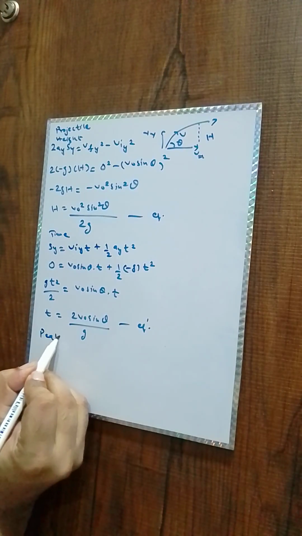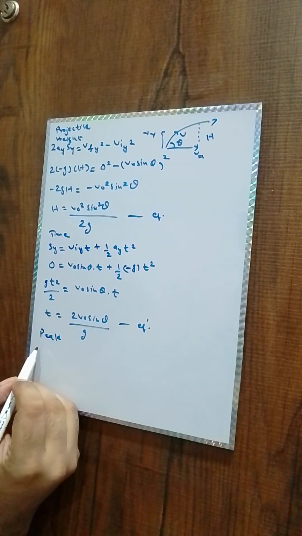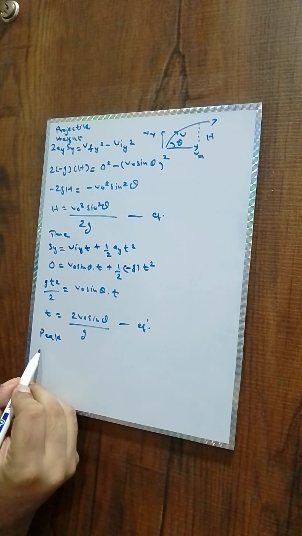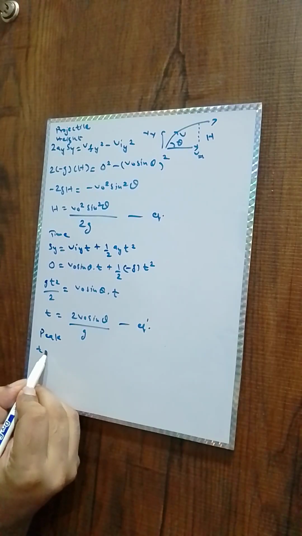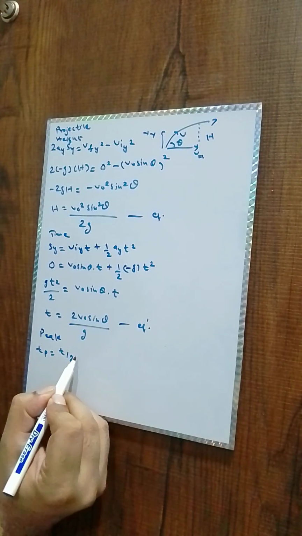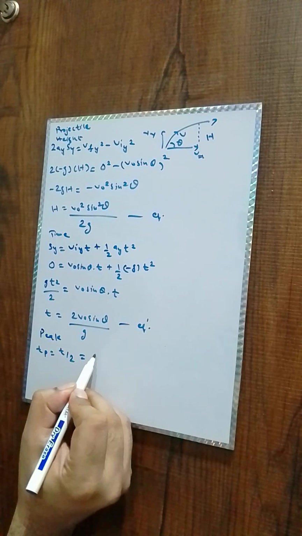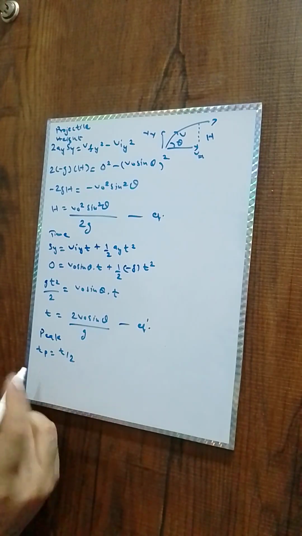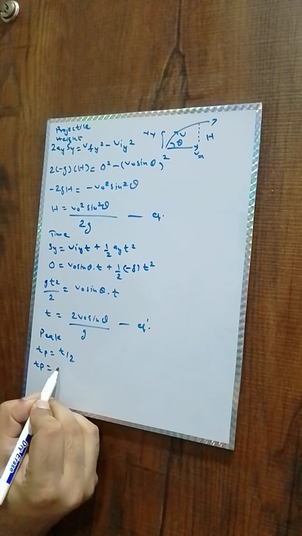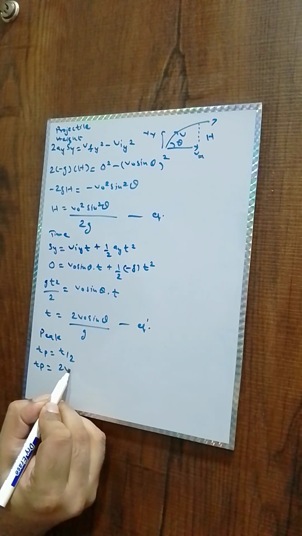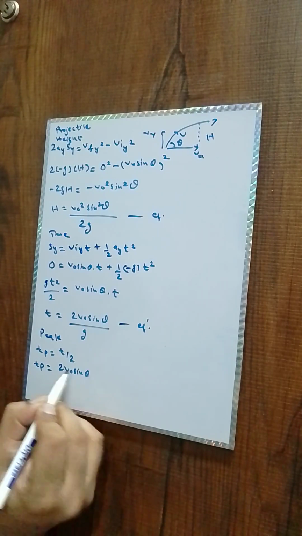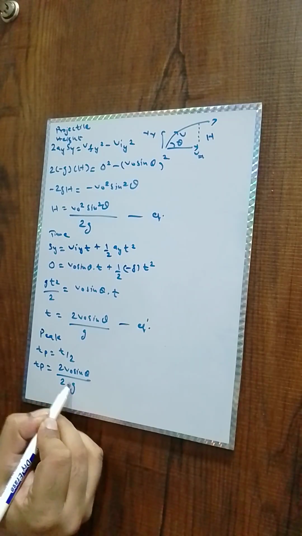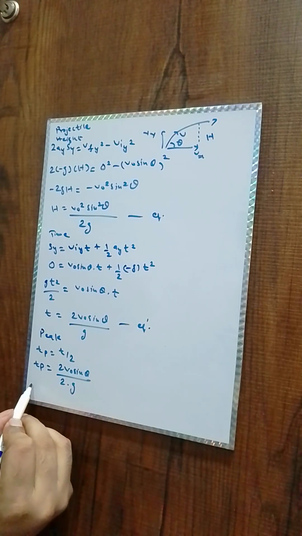Time to peak, no wonder, is half of the total time. So time to peak is equal to t by 2, which is equal to 2 v naught sine theta by 2g.